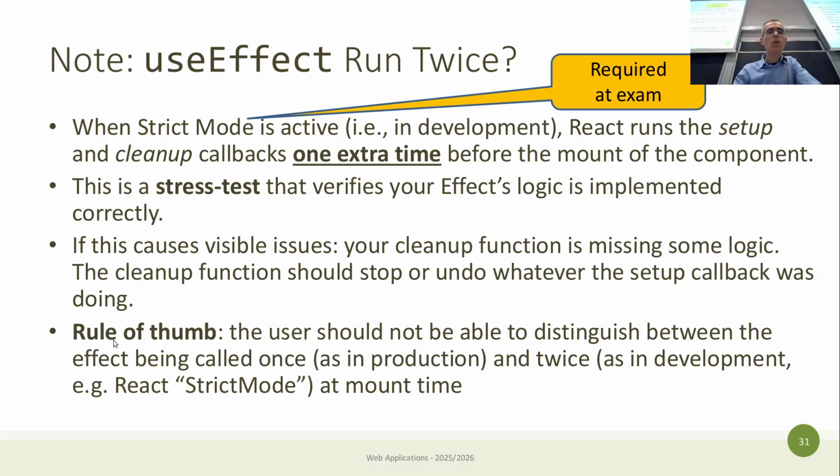Okay? So rule of thumb, very simple rule: a user should not be able to distinguish between the effect being called once or twice at mount time. This is just for mount time, of course. While you are re-rendering the component, this does not apply. But at mount time, this applies.